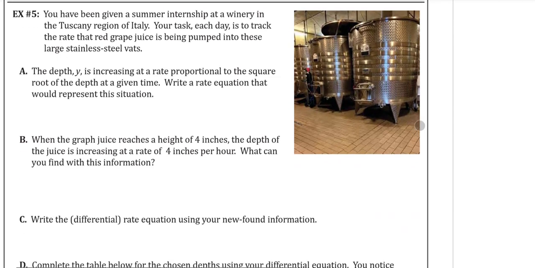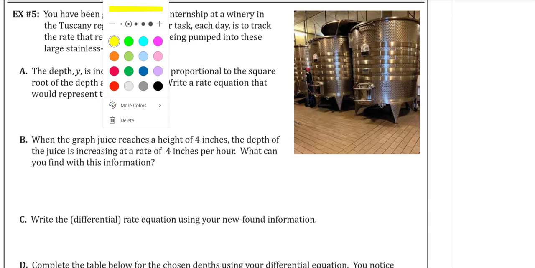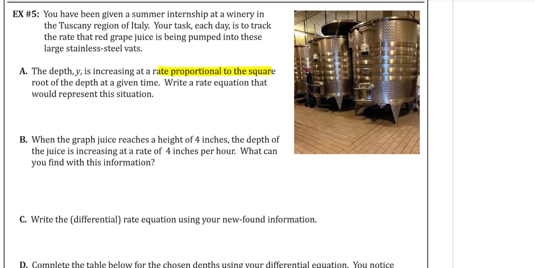Okay, now here is an application problem. You have been given a summer internship at a winery in the Tuscany region of Italy. Your task each day is to track the rate that red grape juice is being pumped into these large stainless steel vats that are shown in the picture. The first thing we're given is that the depth y is increasing at a rate proportional, this is an important statement here, to the square root of the depth at any given time.